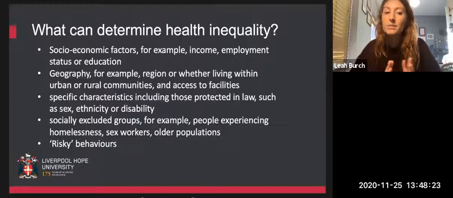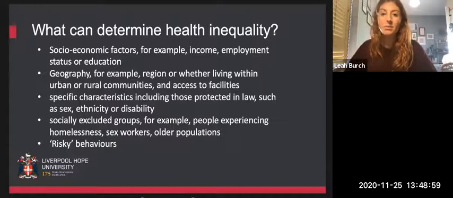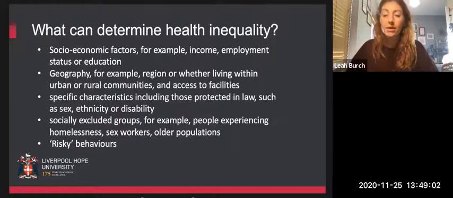We can also think more specifically about the geography and maybe environmental characteristics. So are people living in urban or rural communities? And actually, how does that come to impact one's access to health and health equality? What kind of facilities are available in people's local neighbourhoods, in people's local environments? When we're thinking about these kinds of facilities, we might be thinking about access to clean, safe, green spaces outside, for example, to be able to do exercise, to be able to go out and enjoy the environment around you.